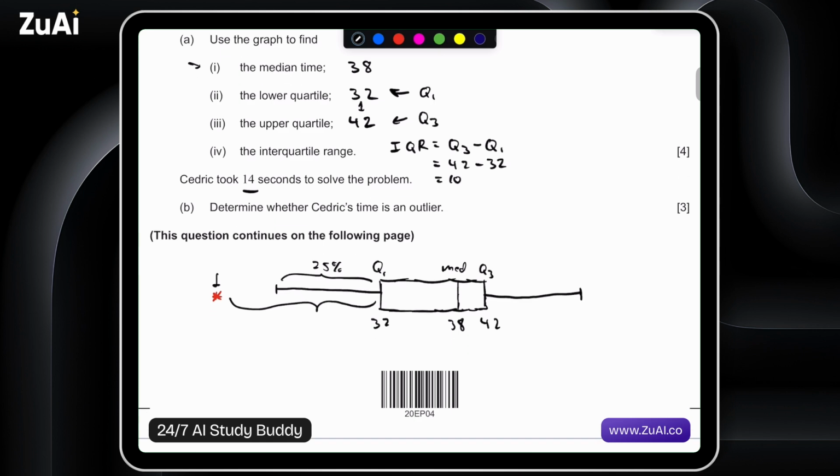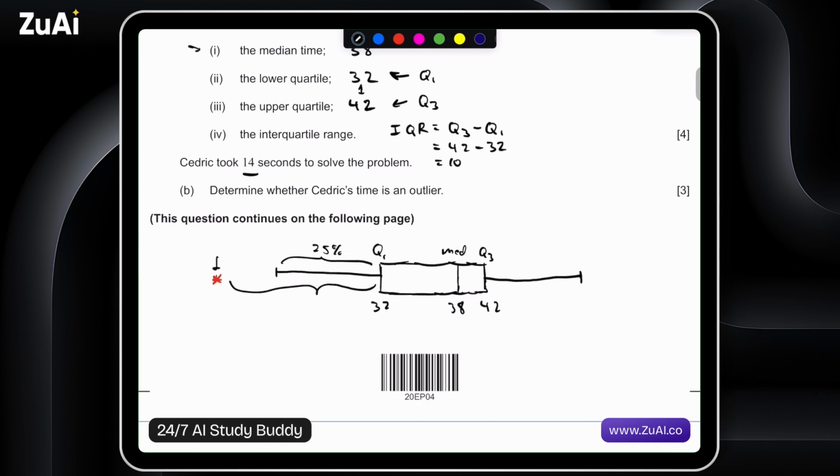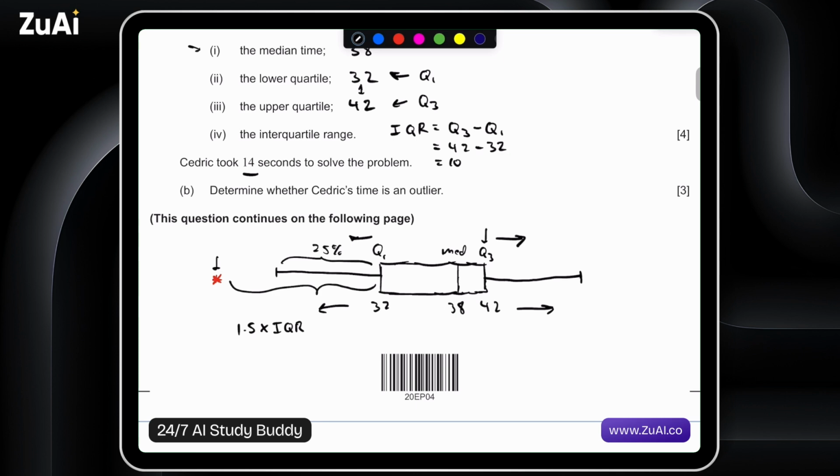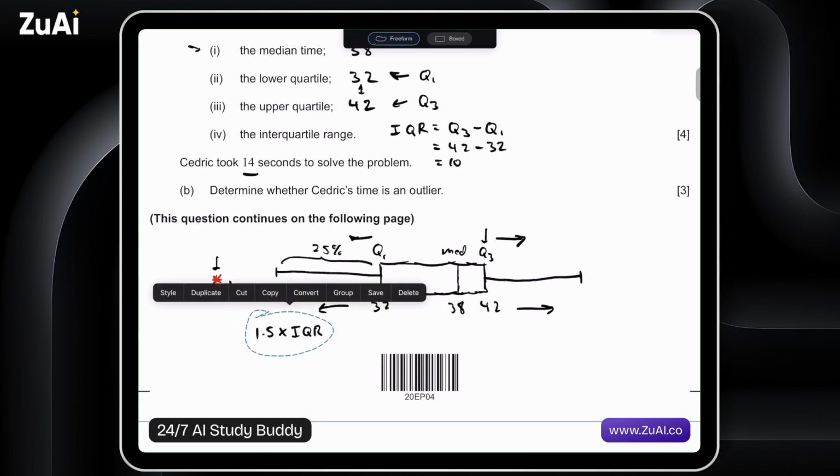And to do that, we have a formula. How do we tell if something's an outlier? If it is 1.5 times IQR, our interquartile range, below Q1 or above Q3. So essentially, these whiskers themselves are only going to extend 1.5 times the IQR.